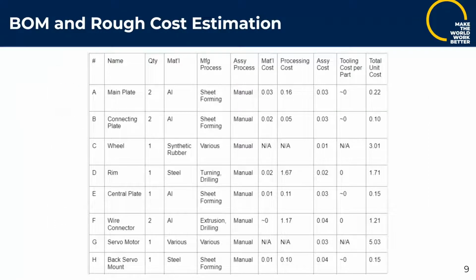When we take a look at the bill of materials involved in putting this together, we made a few assumptions. The first was that we're not going to be building everything. We're going to be purchasing things that we can find off the shelf, and more specific parts for this application, we're going to be making ourselves. For example, the wheel for this, we can find off the shelf. The pins we can also find off the shelf.